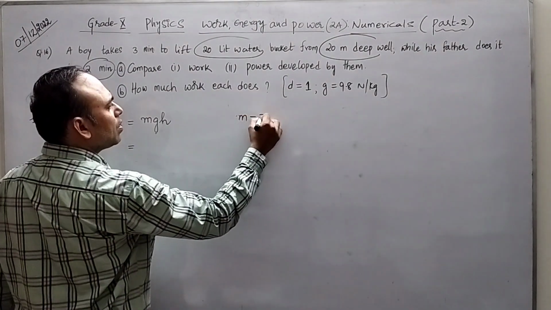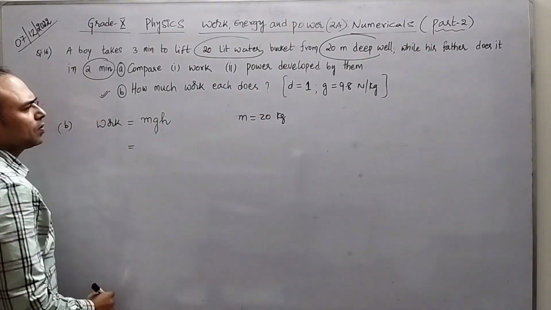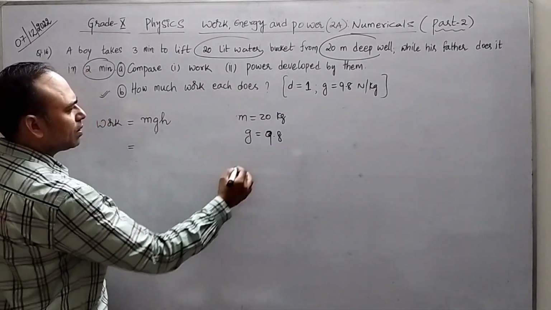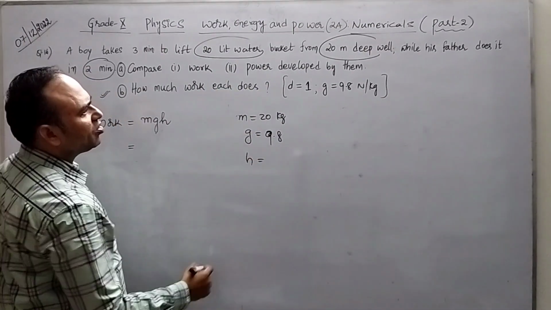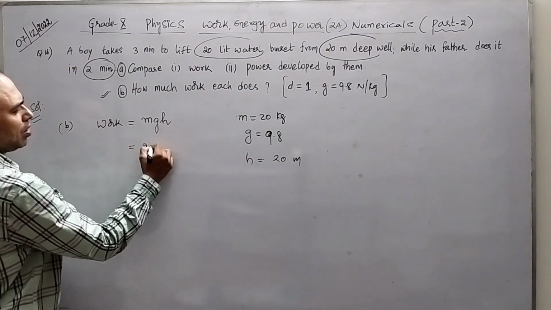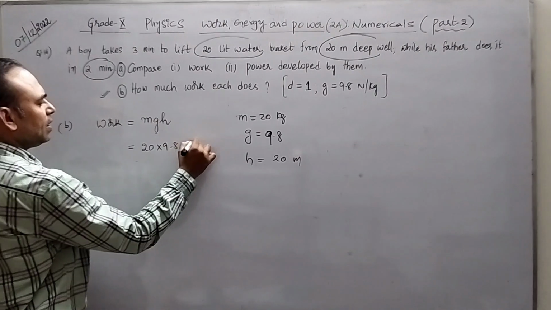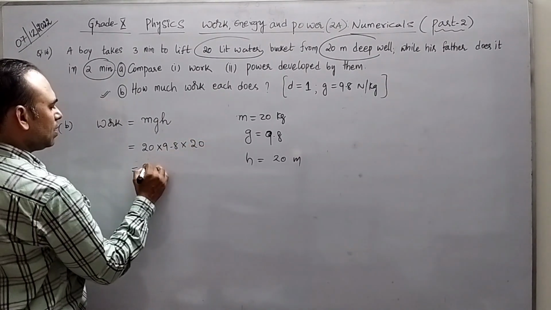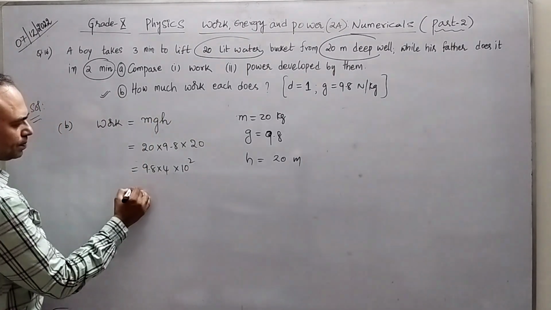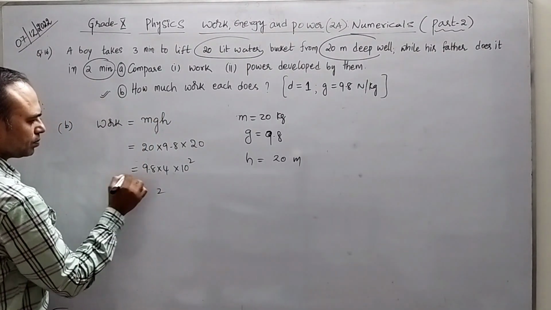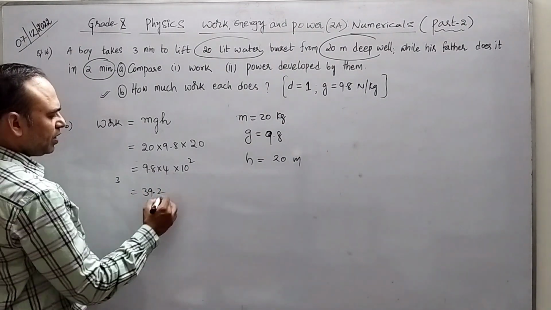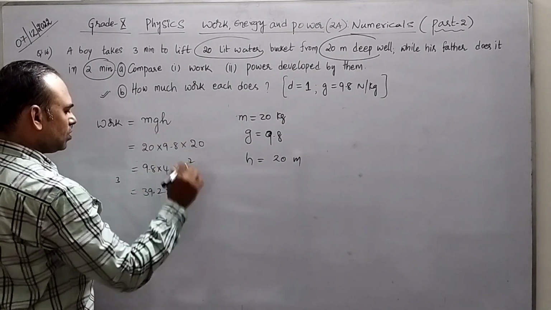Nothing but 20 kg is given. g is 9.8 and what is h here? 20 meter. On substituting we get 20 into 9.8 into 20. Nothing but 9.8 into 4 into 10 square. 39.2 into 10 square joule.